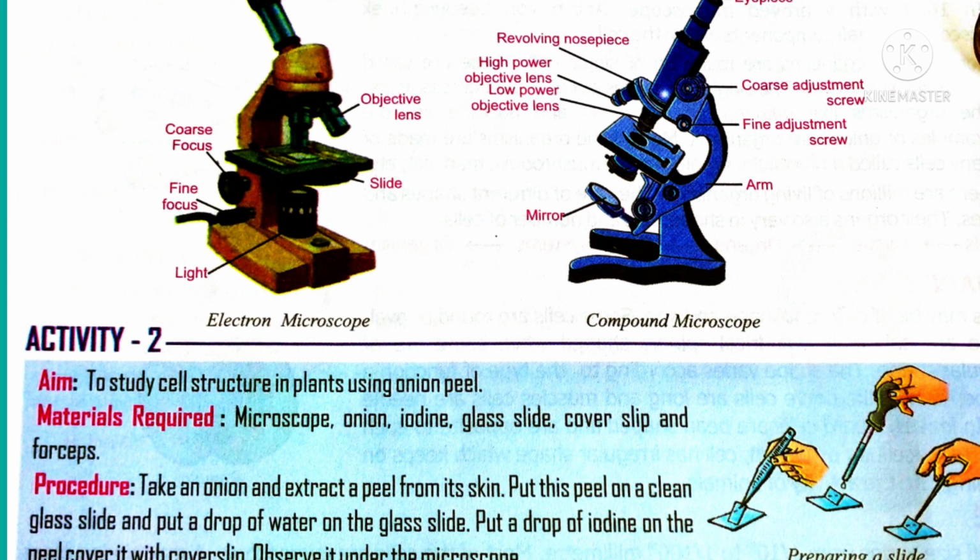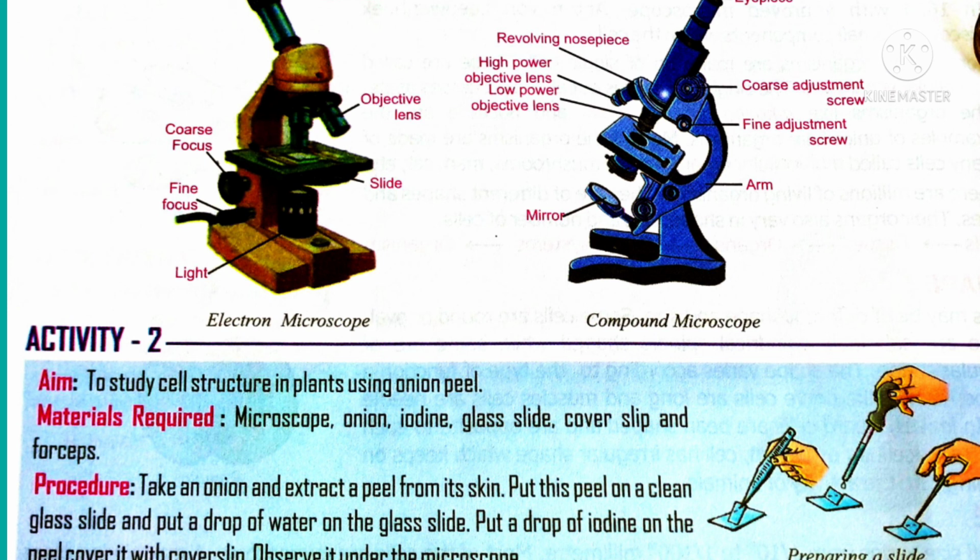Now what you have done: take out the onion and peel out the inner layer of the onion, that is a small slice of the onion, a thin layer of the onion. Then mount this thin layer of peel on a glass slide. Then you put a drop of water on the glass slide, then put a drop of iodine on the peel, cover it with a cover slip.